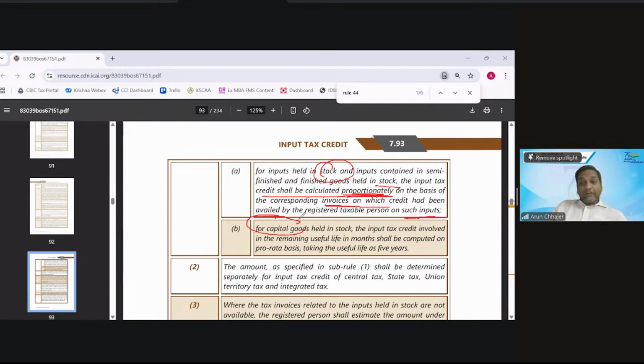For capital goods held in stock, the ITC involved in the remaining useful life in months shall be computed on a pro rata basis, taking the useful life as 5 years.